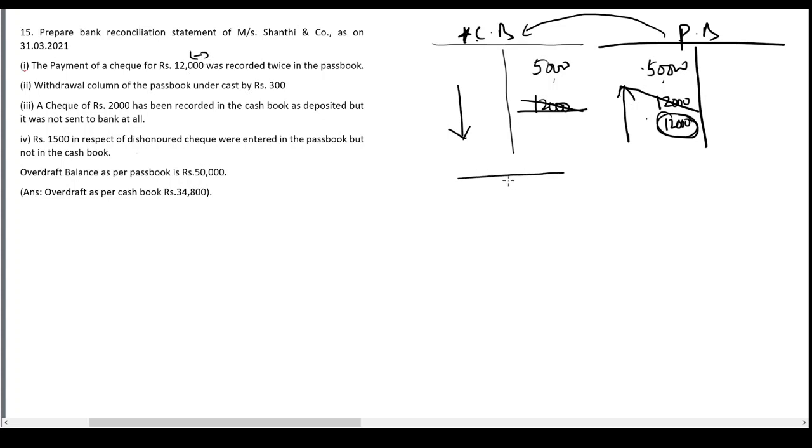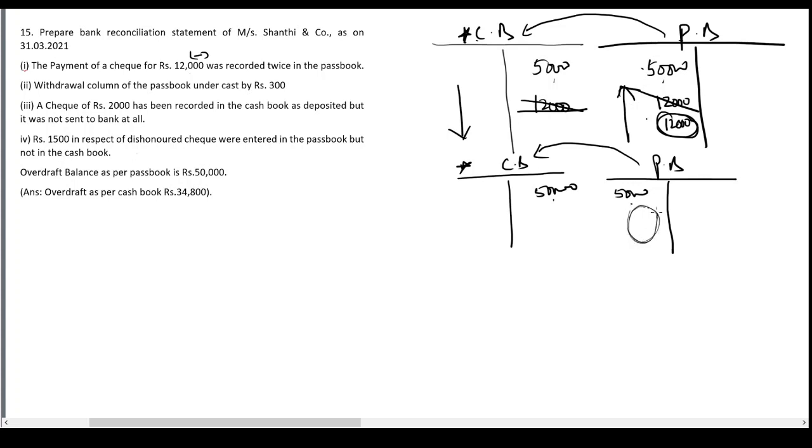The withdrawal column of the passbook has been undercast by Rs 300. So this banker is making lots of mistakes. He has done one more mistake. What he has done is he has undercast by Rs 300 the withdrawal column. That means the payment side of the passbook, that is the withdrawal side of the passbook.